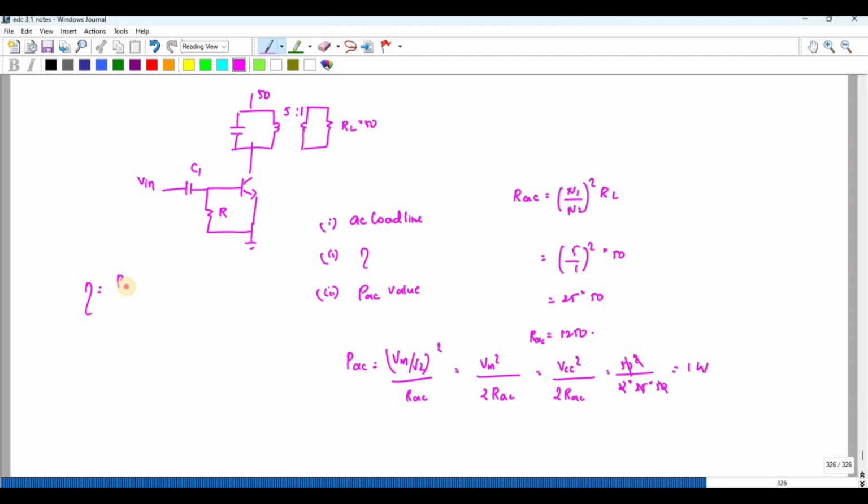Next, to find the efficiency, it is PAC divided by PDC.